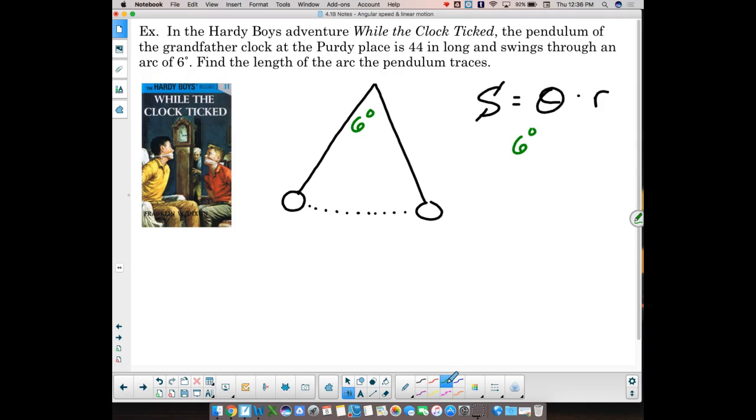So that's going to be 6 degrees times pi over 180. That's going to give me theta. And what's my radius? 44 inches.